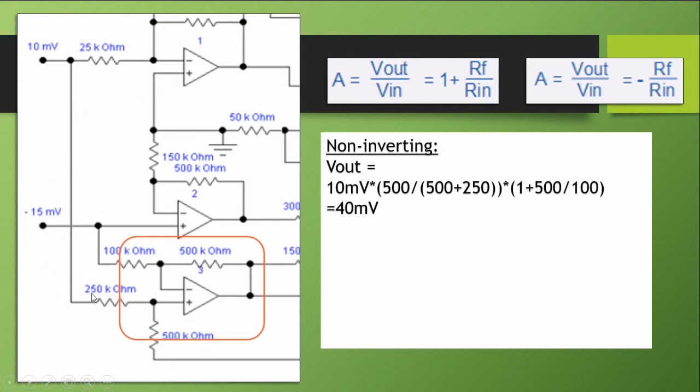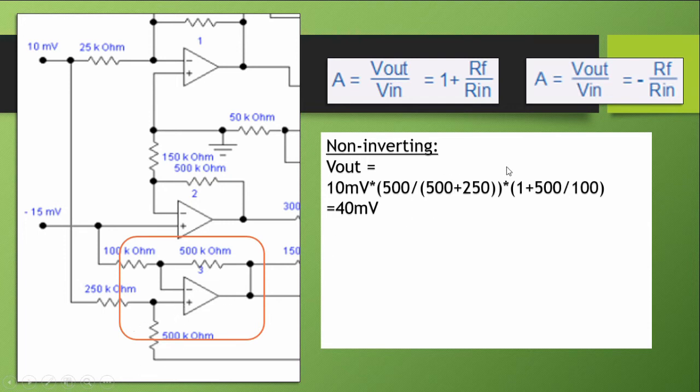Notice that this is 250k and 500k, and this is connected to ground, so we need to take voltage division. So 10 millivolts times 500 over 500 plus 250k by voltage division is the voltage here.